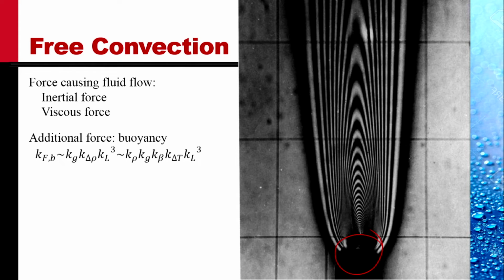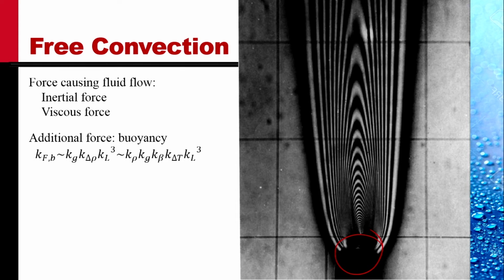The density of the liquid changes. It becomes lighter. A buoyancy force acts on this and moves up and is replaced by colder fluid from below. This is termed as free convection.